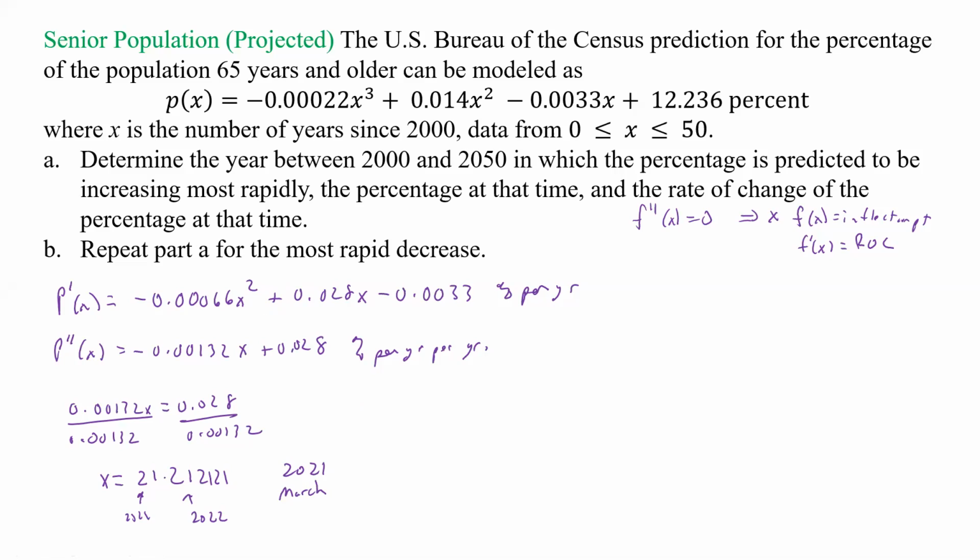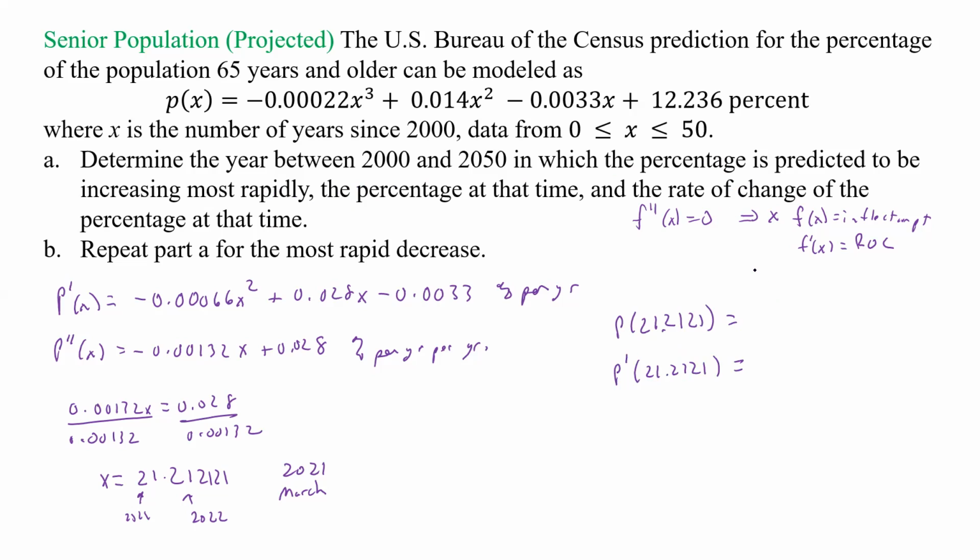Now, with that, what do we want to do? Well, we need to find P, I guess we're not using F's, we're using P's. So we're going to find P of 21.2121 and we're going to find P prime of 21.2121. That's going to give us the amount that is changing the most and also that rate of change.